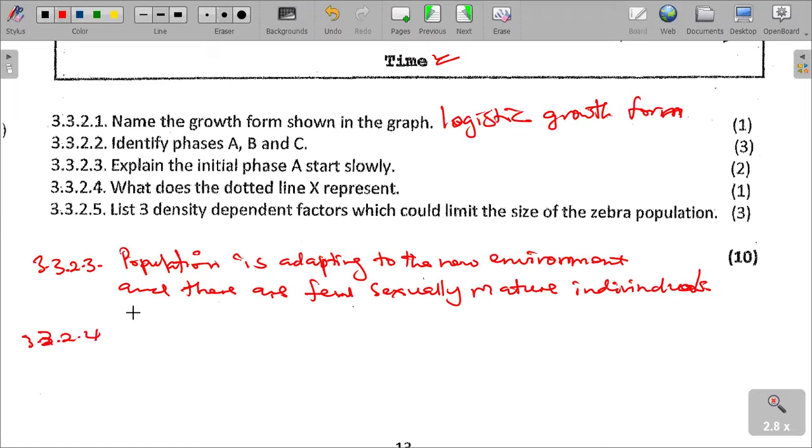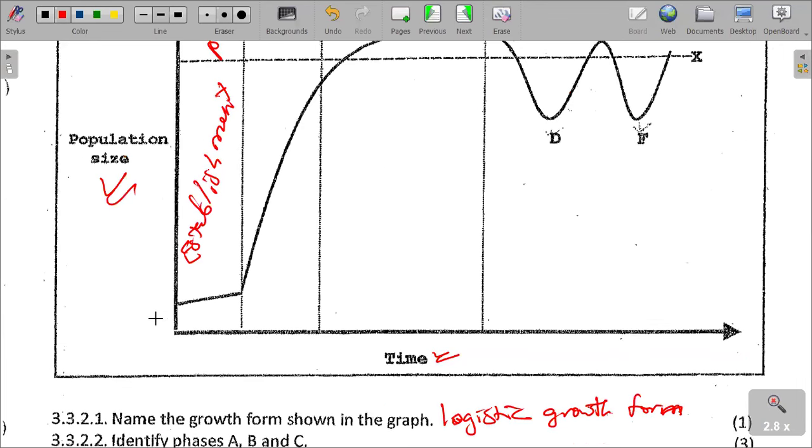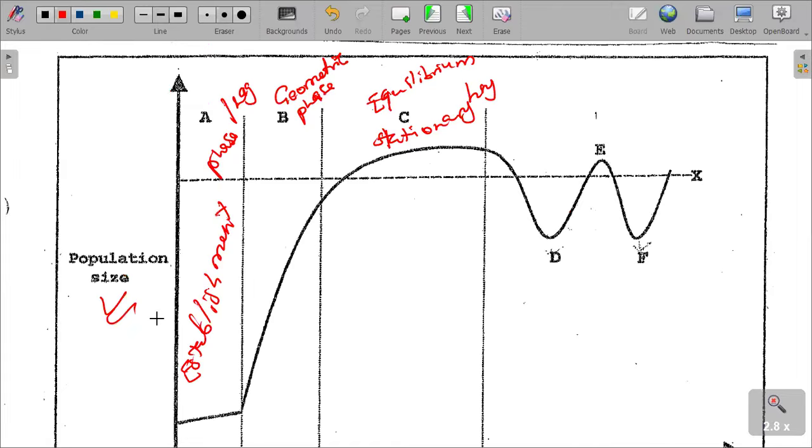Question 3.3.2.4: what does the dotted line represent? The dotted line actually shows the carrying capacity, the maximum population the habitat can sustain.